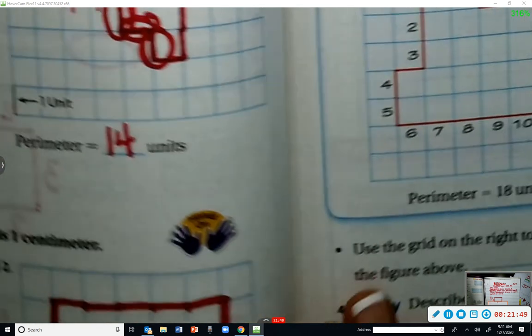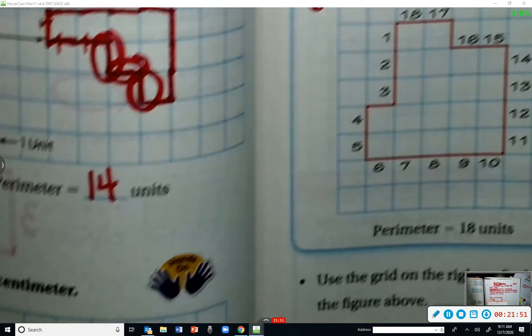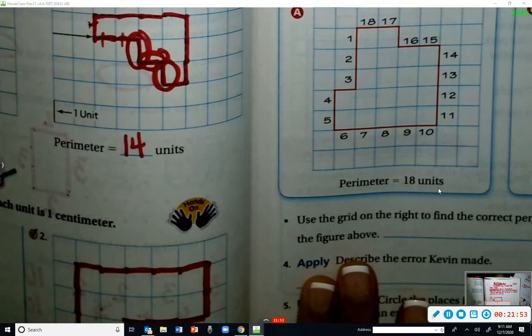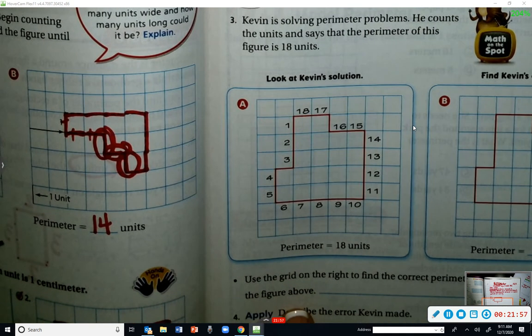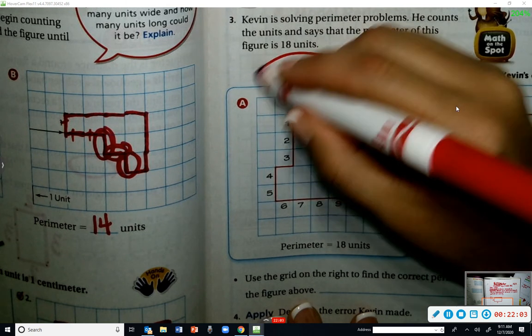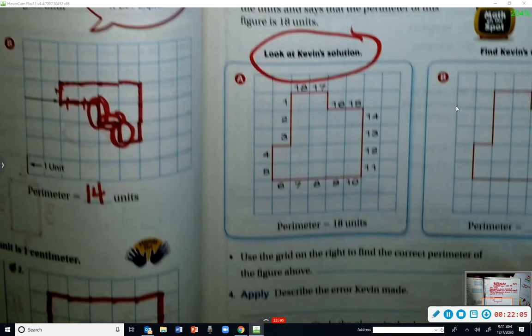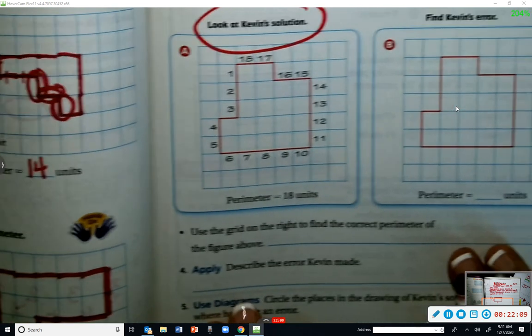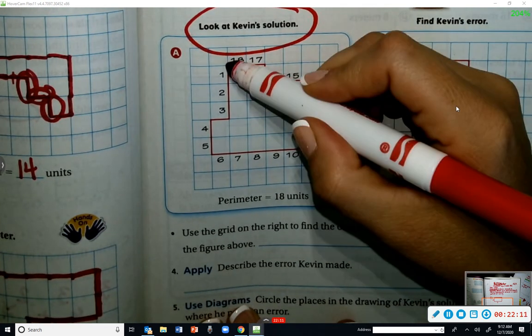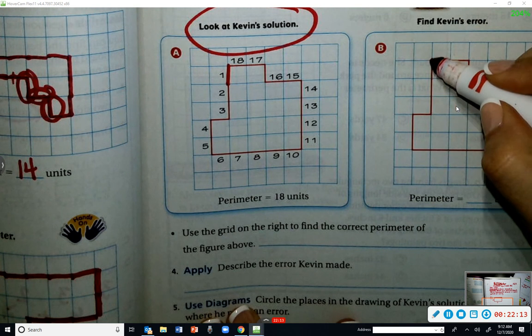All right, let's try number 3. Kevin is solving perimeter problems. He counts the units and says that the perimeter of this figure is 18 units. So here's Kevin's solution. Find Kevin's error. So he started right here. So I want you to start right here.